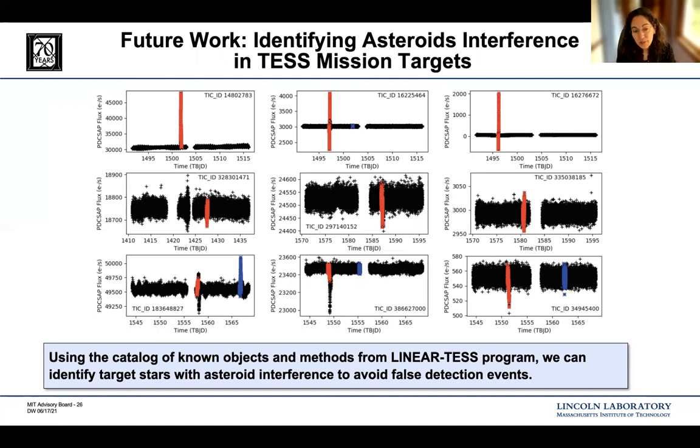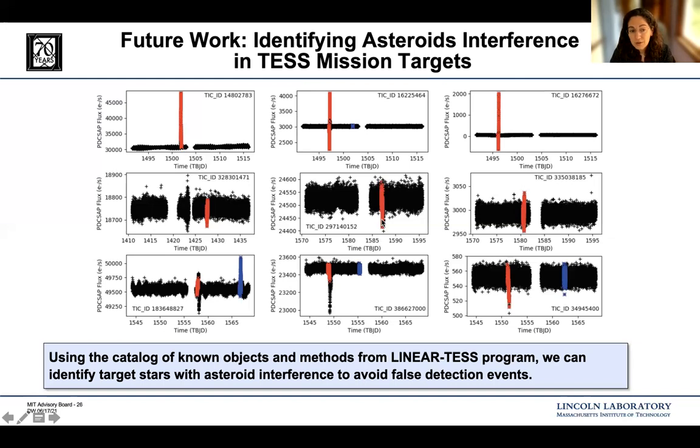If the asteroid passes within the aperture of the TESS target star, there will be a momentary increase in brightness, as shown in these examples. However, if the asteroid passes through the background pixels of a target star, then the background will be temporarily over-subtracted, and it will result in an apparent transit.